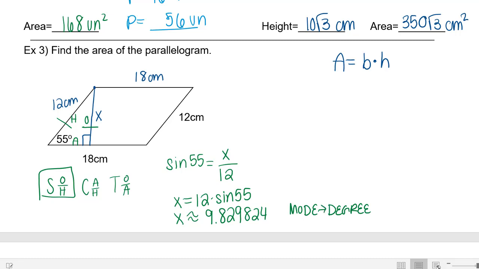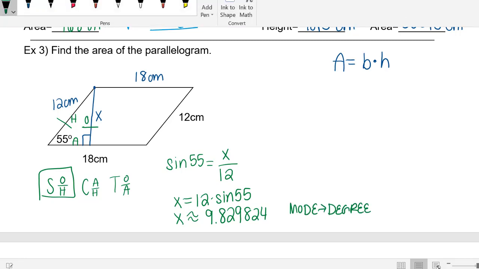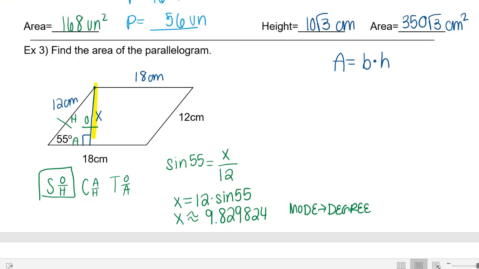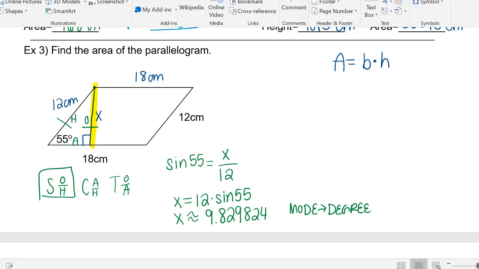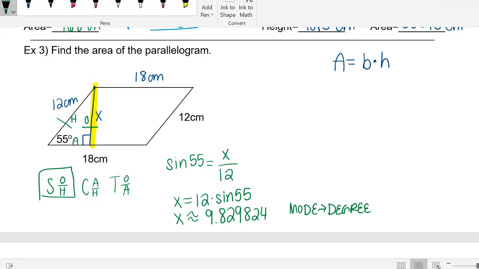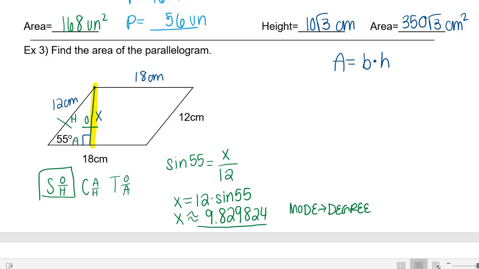Okay, so now we have our height, right? That x value, that length going from base to base. So that's what we'll plug into the formula for our height. So we'll take this whole value, so keep that in your calculator, 9.829824, et cetera, and then multiply it by that base of 18.